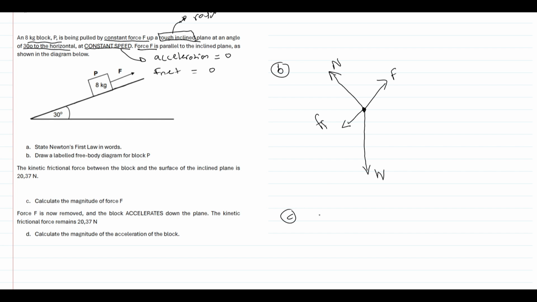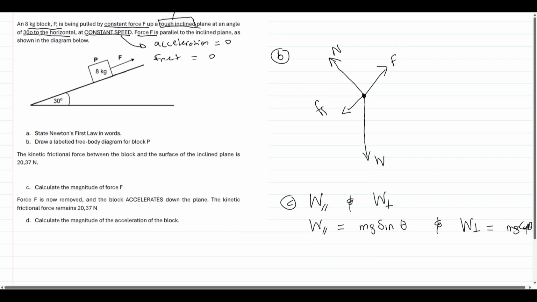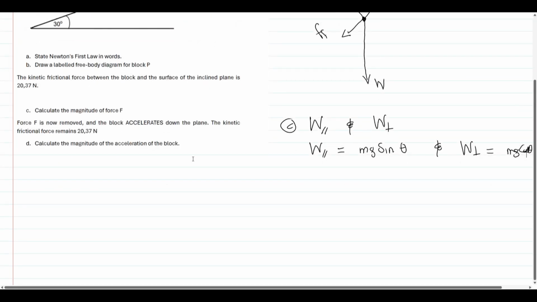The equivalent components of the resultant force W are W parallel and W perpendicular. W parallel is equal to mg sine theta, and W perpendicular is equal to mg cos theta. So this is important to understand.